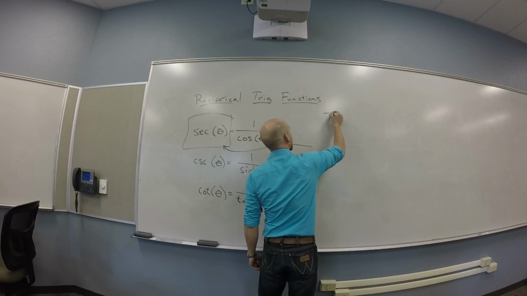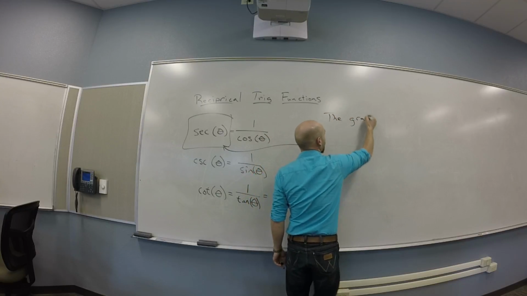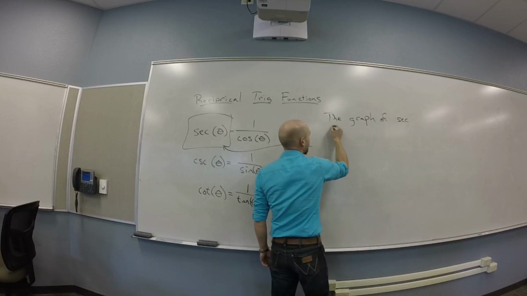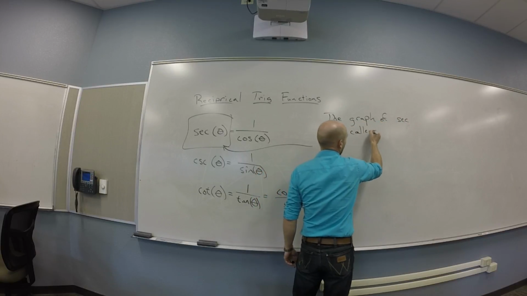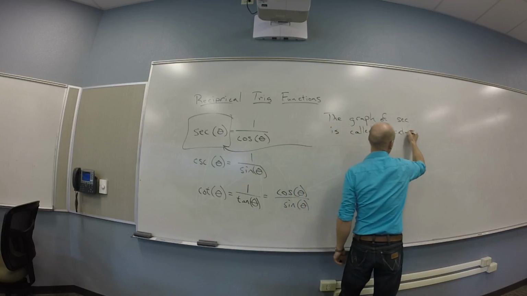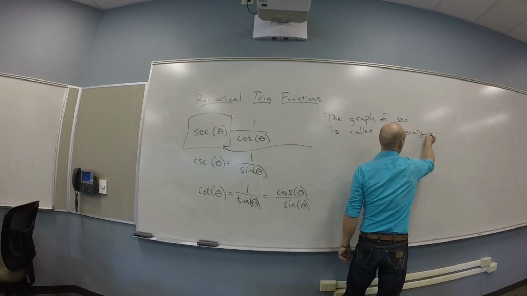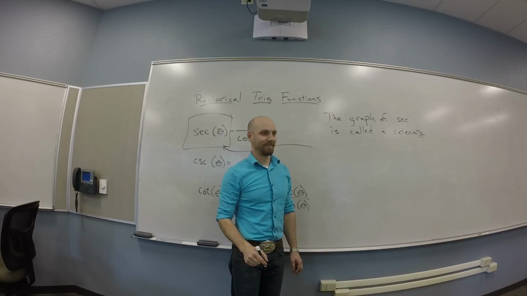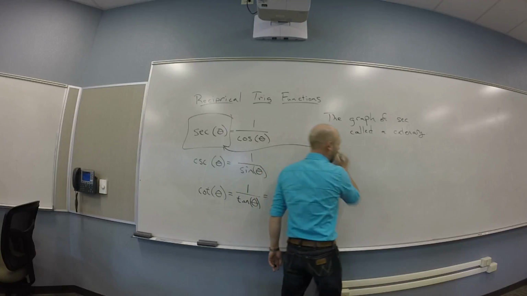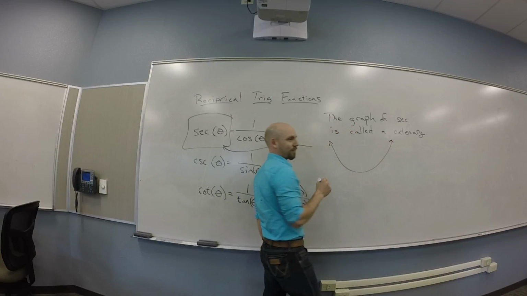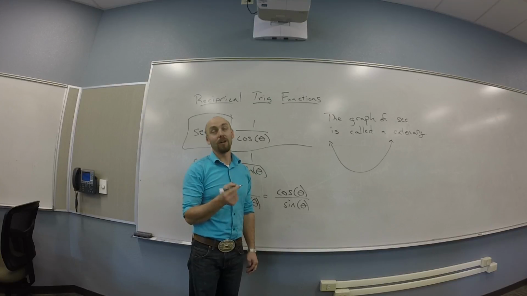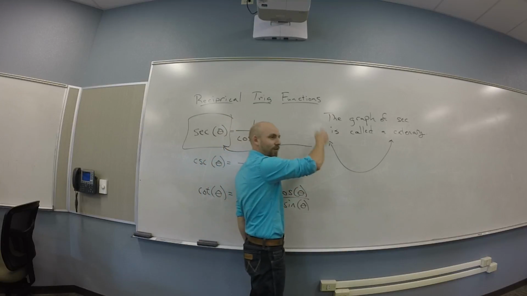The graph of secant is called a catenary. It looks kind of parabola or half-circle-ish. It's closer to a half circle than a parabola because it has vertical asymptotes.